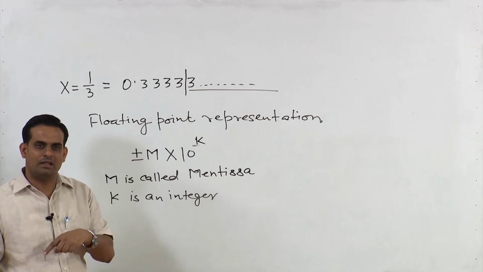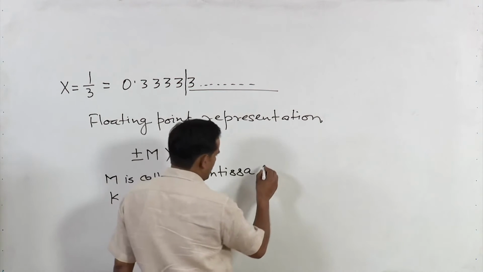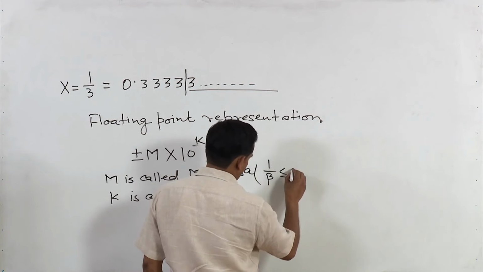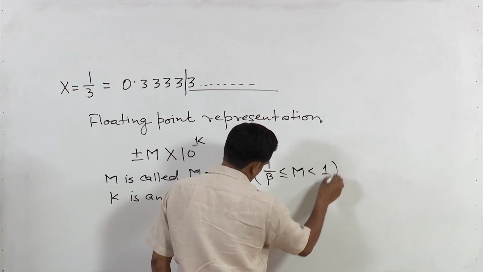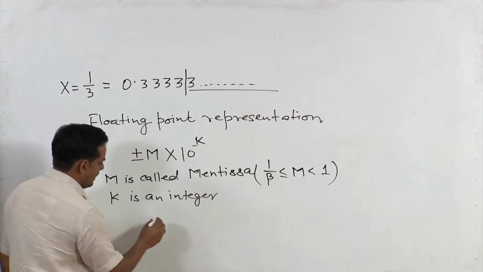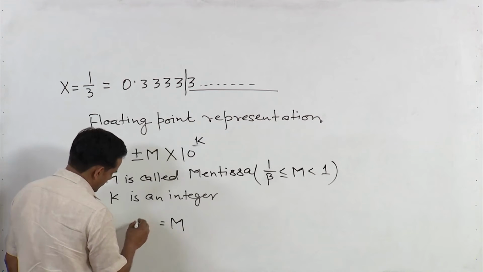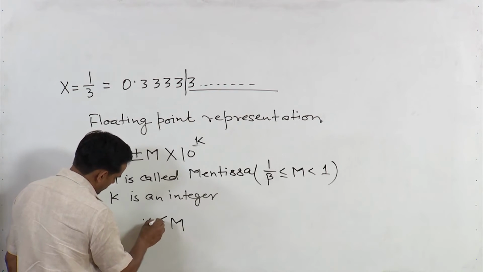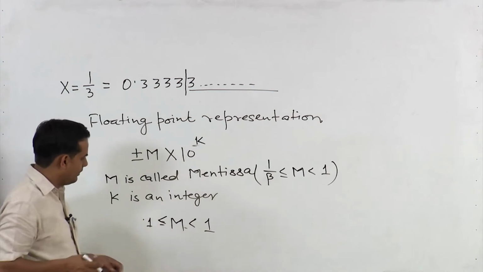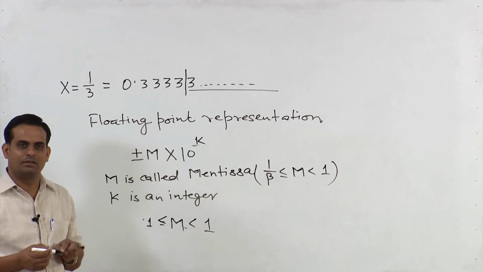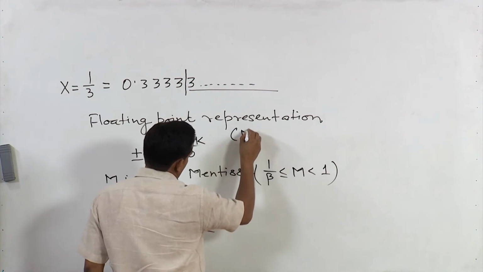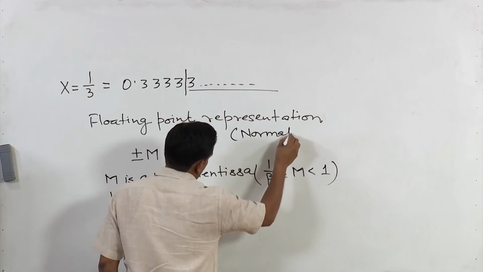So if beta is the base of representation, then this will be, for example, in decimal representation the range of m will be 0.1 up to 1. In fact, this particular representation is called normalized floating point representation.